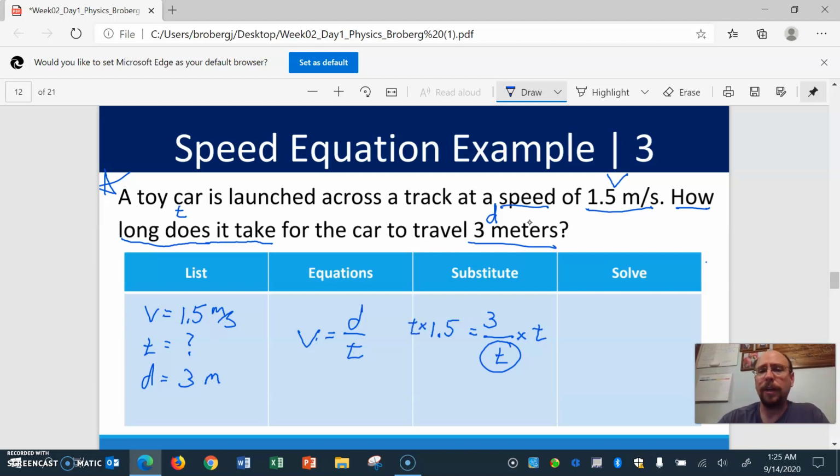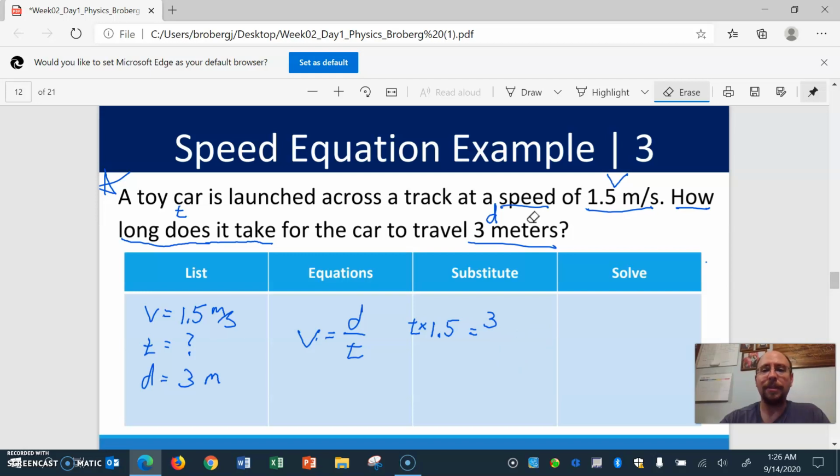And that seems really weird for some people, because it's like, well, why did I have to multiply by t? That didn't actually solve out for what it is. Just hold tight, because when I divide by t and multiply by t, it actually cancels these things out.